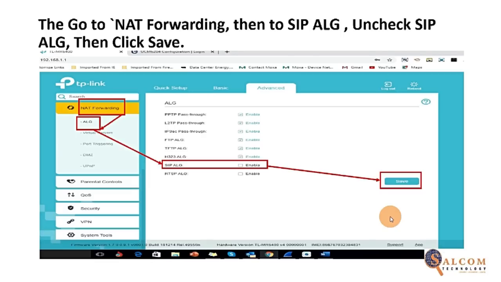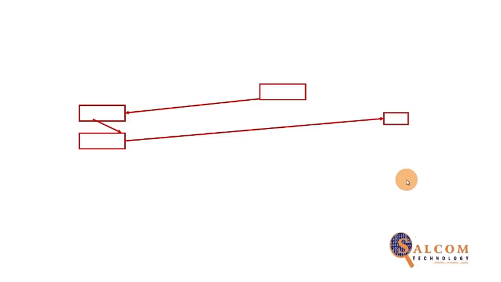It used to have some issues. What you need to do is ensure that SIP ALG is disabled. It can be this router or any other router; you want to ensure that SIP ALG is disabled. Once you've done that, you click on save. Then you are done on this aspect.